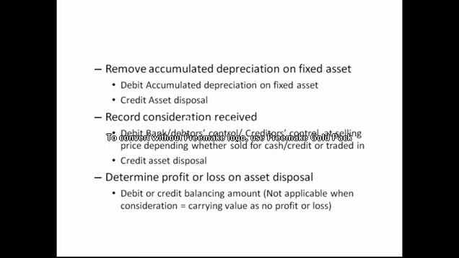So for each credit we have a debit, so it means we have to debit the asset disposal account. The opposite relates to if we made a loss. If we made a loss, we will have to debit our expense account, loss on asset disposal. We will therefore have to credit the asset disposal account.